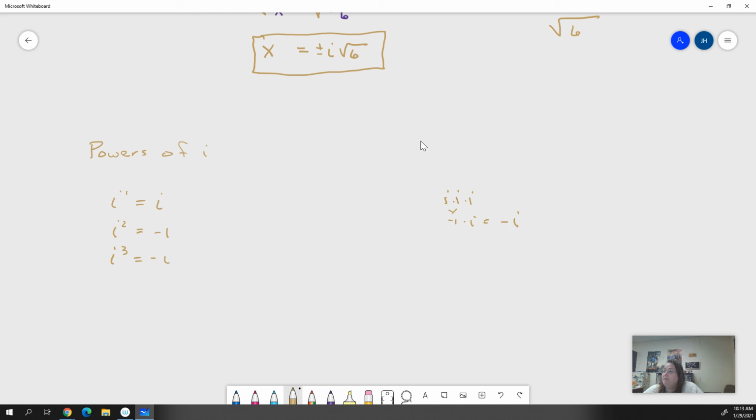So this is just -i. If we have i to the fourth power, well, that's like saying i times i times i times i, right? And we know that 2 of them is -1, and these 2 are -1. And if I multiply -1 times -1, I get +1, right?